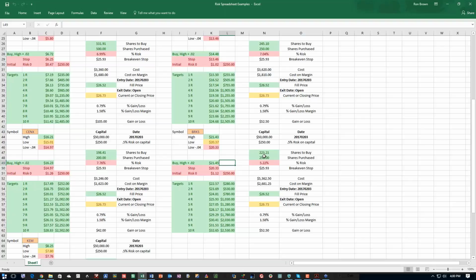It tells me how many shares I can buy based upon the amount of capital that I put in here. This is my Bible, and the people that have taken the webinars are the ones that are doing very well. We live by this spreadsheet. I'll tell you why we do, primarily. It takes the emotion out of trading.